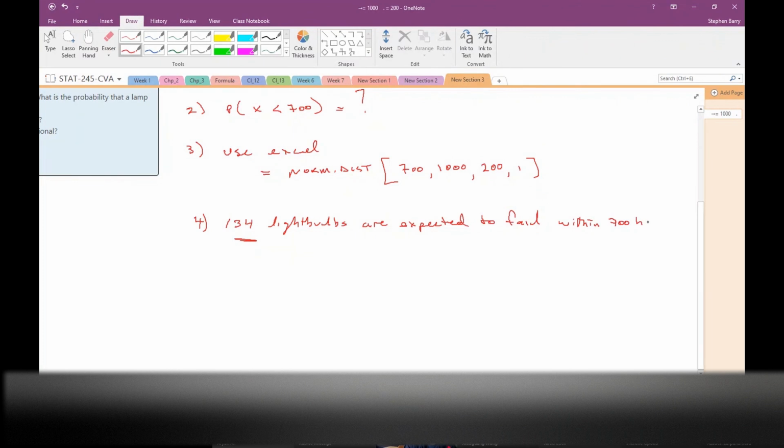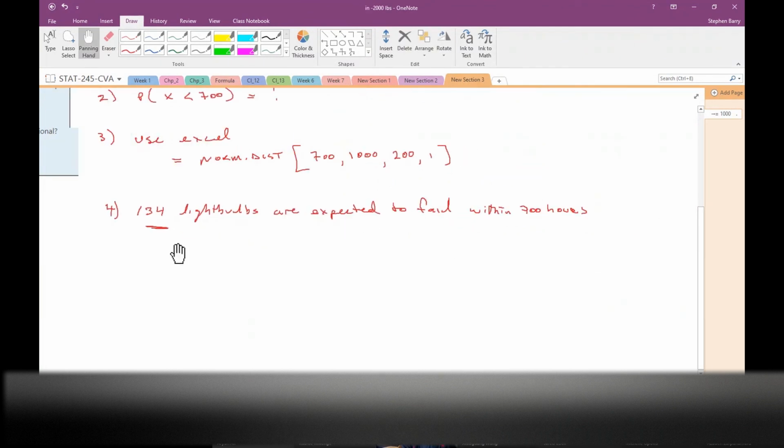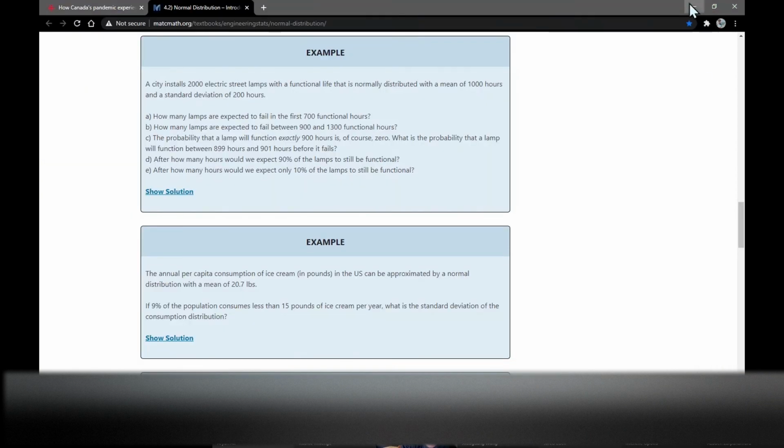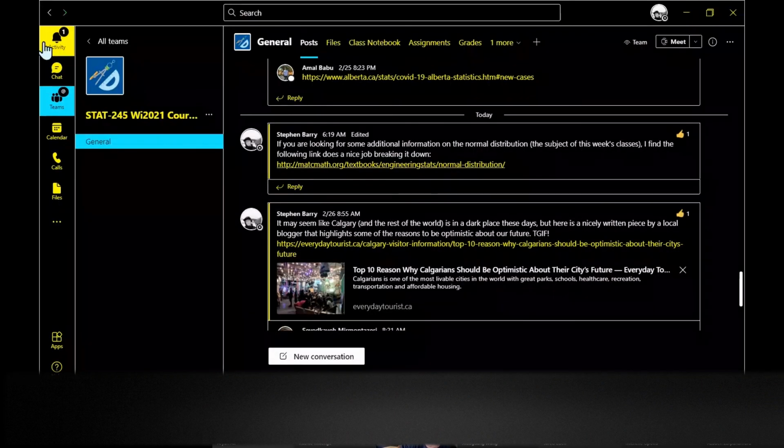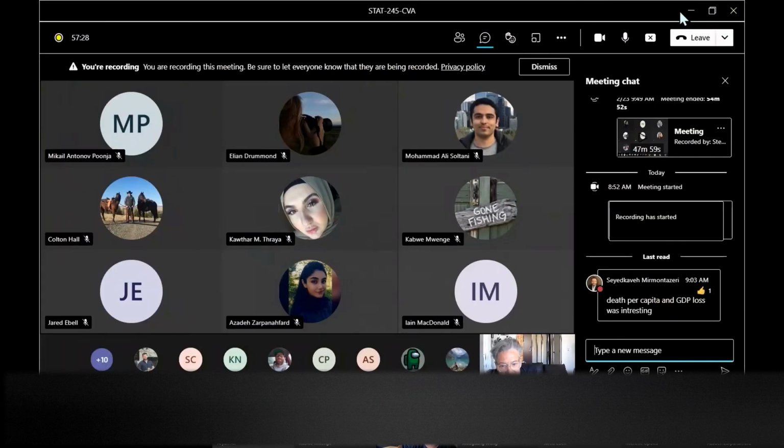Because that's the kind of stuff your manager's going to want to hear, right? Your business leader, they don't want to see all this. They want to hear this, right? This is the money statement. The conclusion is the one that you're going to be presenting to your shareholders, or your manager, the money person.